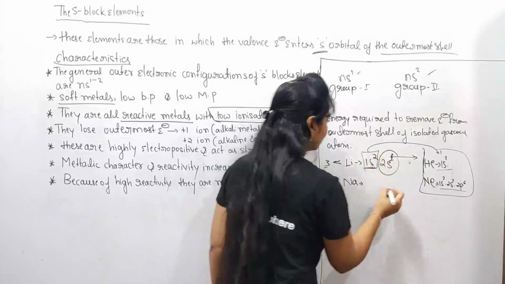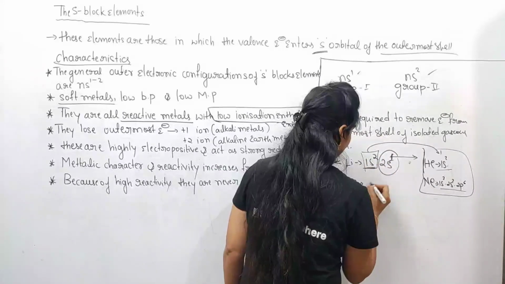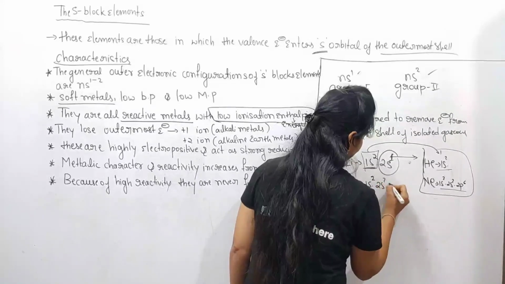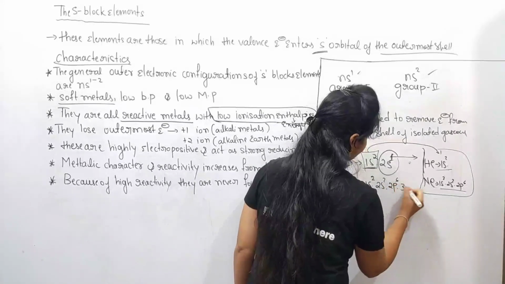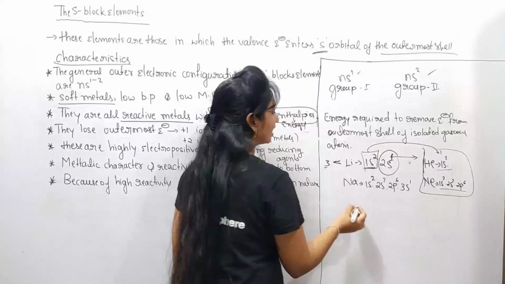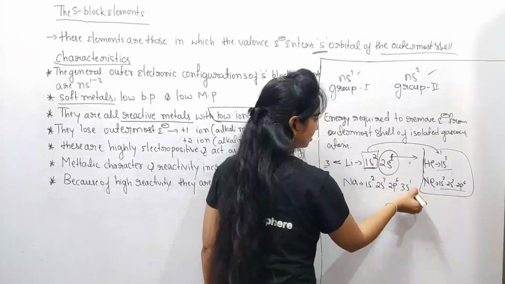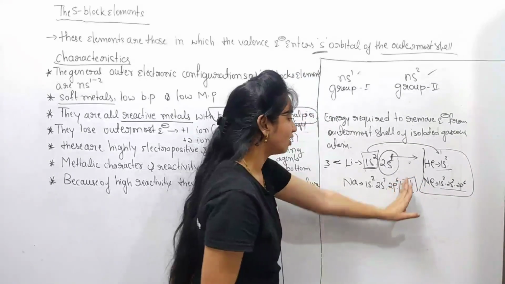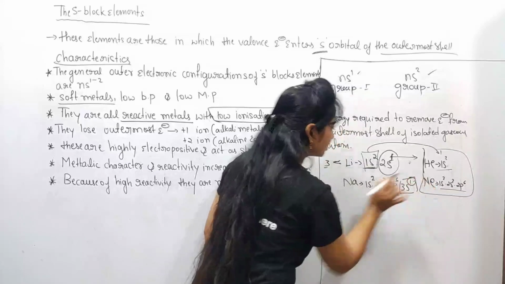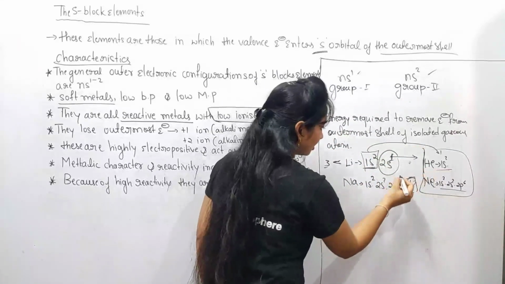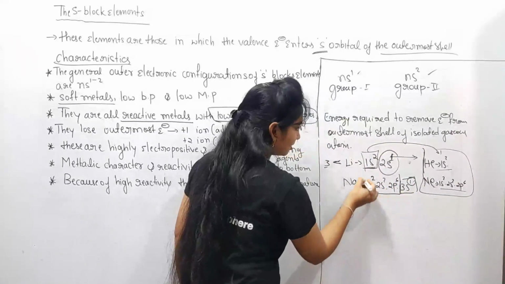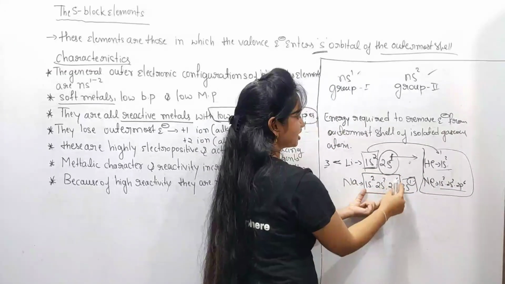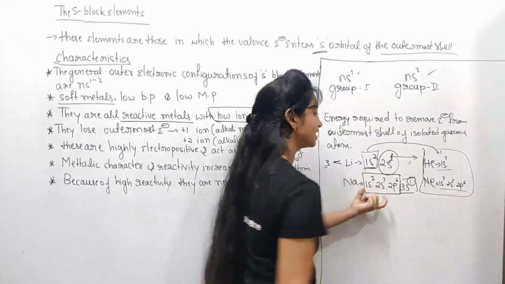Sodium has 1s2, 2s2, 2p6 and 3s1, so it also has only one electron in the outermost shell. When it loses this electron, this element also attains the stable configuration like neon, 1s2, 2s2, 2p6.